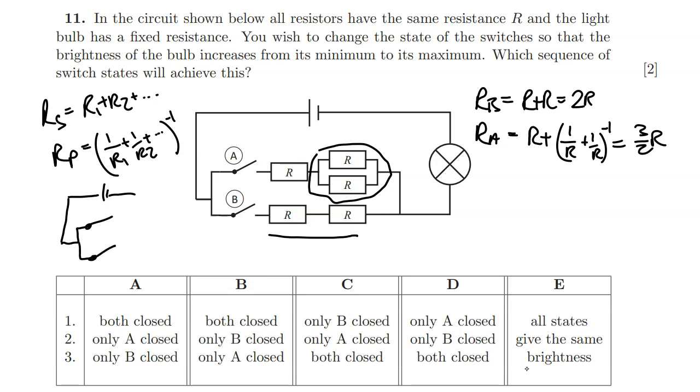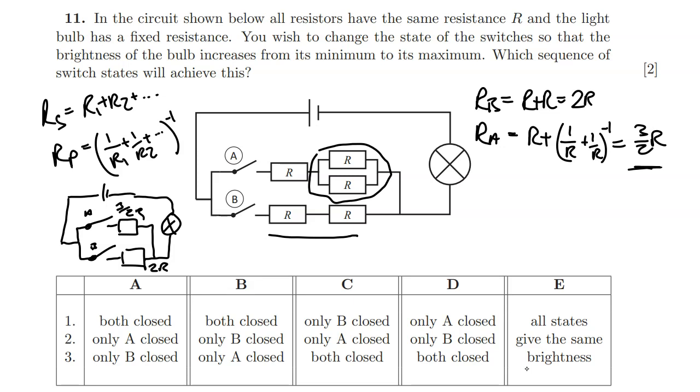So here are my two switches, A and B. And what we've just calculated basically is that we have two resistors in parallel. We know that this resistor at the top, as we've just calculated over here, is 3 over 2R. And we also know that this resistor on the bottom is 2R.